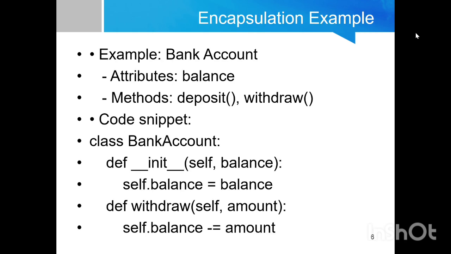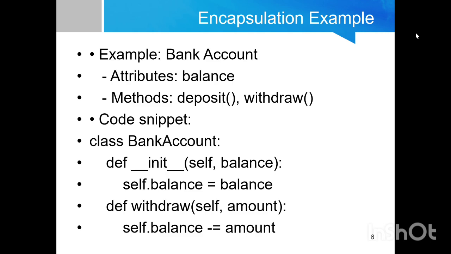Now we are going to see an example of encapsulation related to real life. Let's say we have a bank account object. It stores balance as an attribute and has methods like deposit and withdraw. The balance cannot be changed directly from outside. It is protected inside the class.